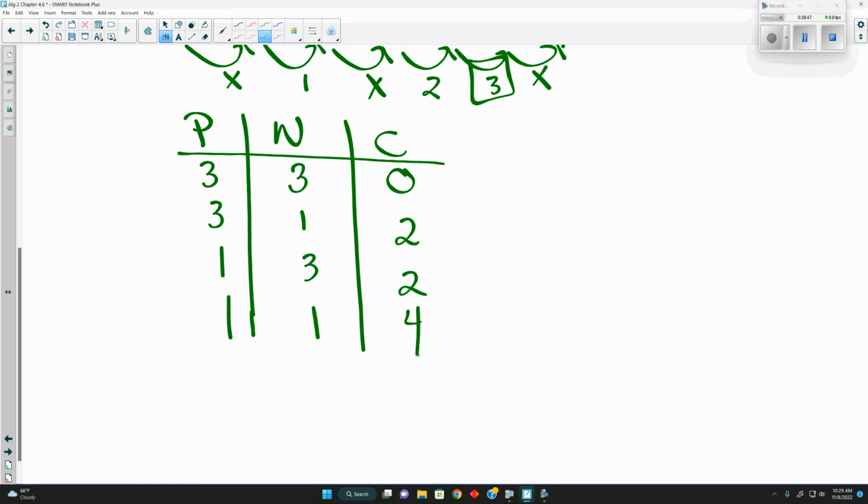What kind of numbers will the complex be? Well, they'll always be multiples of what? 2. Because our complex conjugate theorem stated if a plus bi is a solution, then a minus bi is a solution. They always come in pairs, always pairs of 2s.